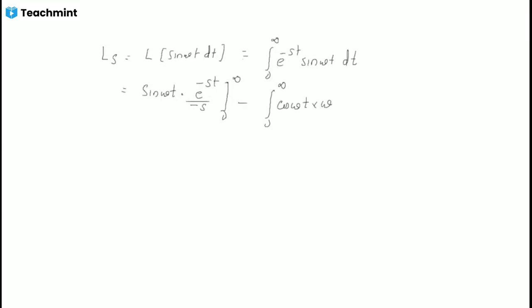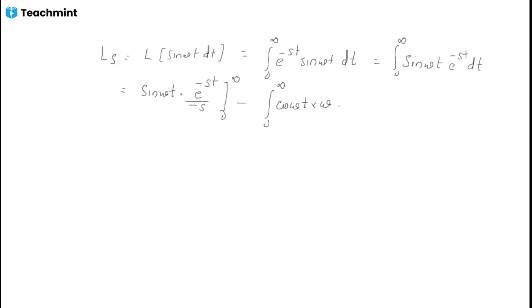Derivative of first into integral of second. Okay, do not get confused. So, sorry. sin omega t e raised to minus st dt into e raised to minus st by minus s dt.